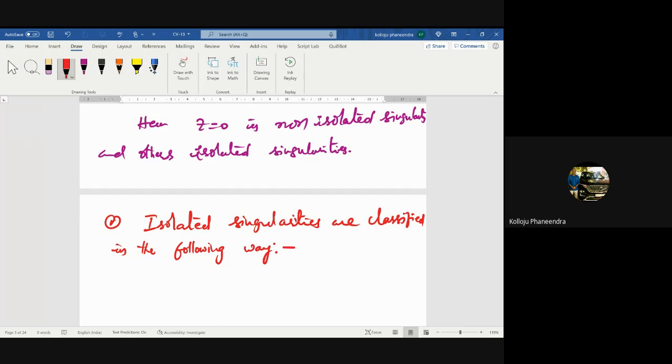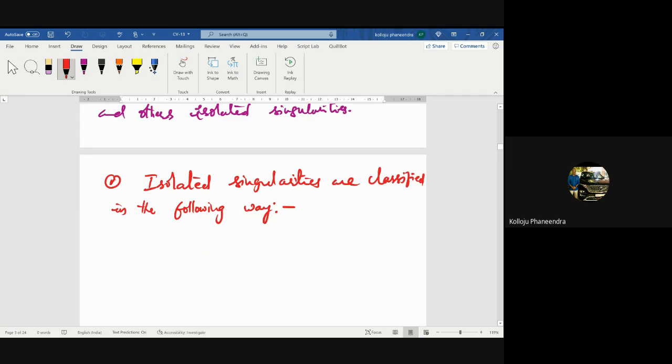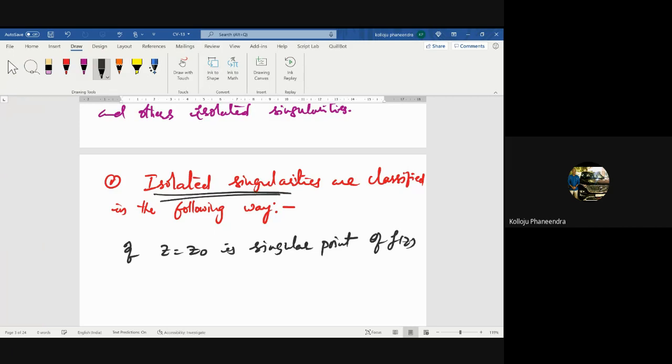Okay. Now, listen. Whenever a singularity is there, what do I have? Laurent series expansion. So I am mentioning that if z equal to z naught is a singular point of f of z, particularly isolated, I mentioned this, so from now onwards I am not saying isolated always.